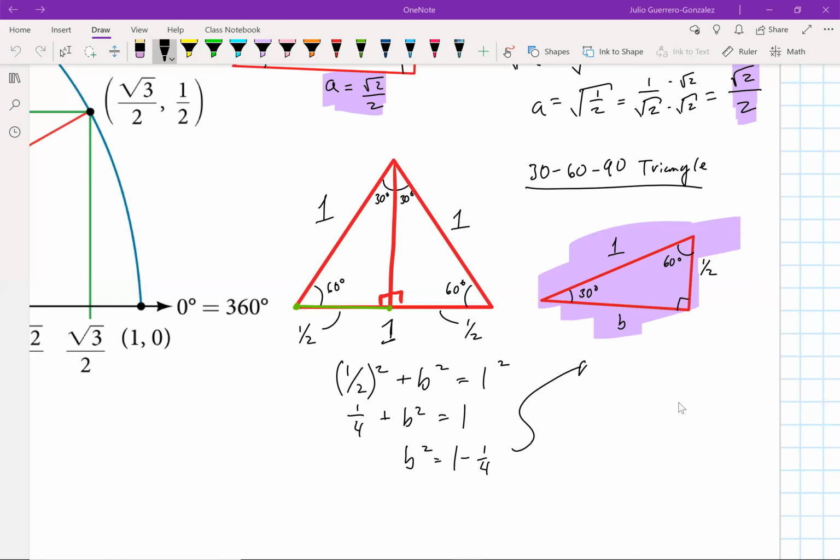The 1/4 came from over here. So if you do the Pythagorean theorem on this triangle over here, you're going to get the 1/2 squared plus B squared is equal to the 1 squared.